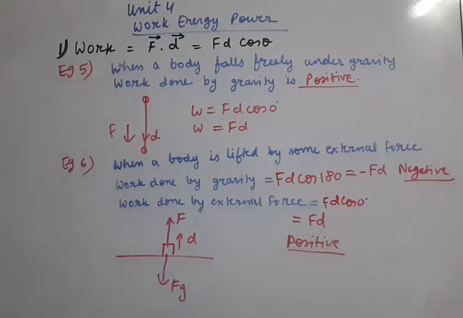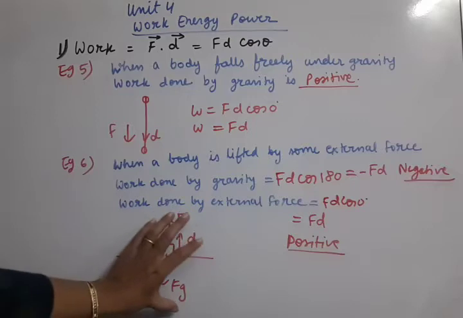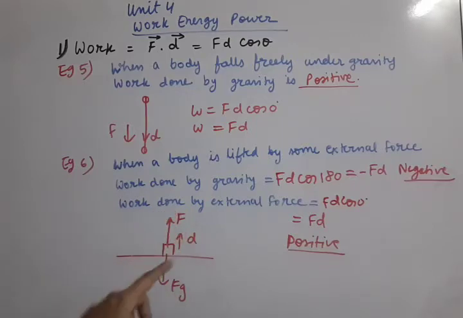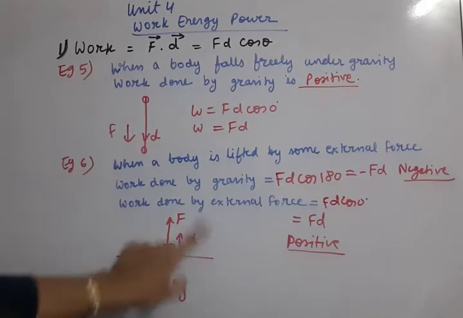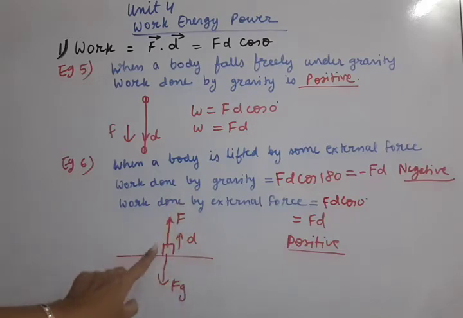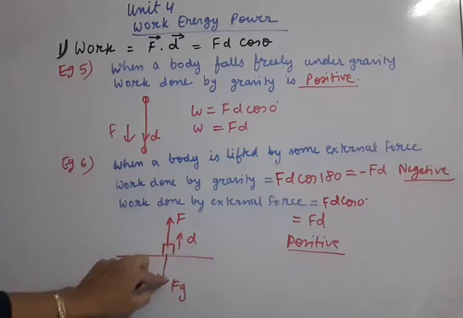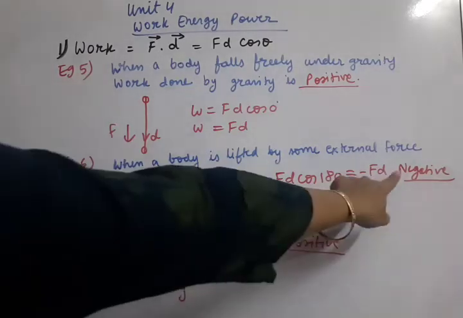That means you must have understood that in the same situation, we have to see by which force the work is asked. If work done by gravity is asked, gravity is downward, displacement is upward, so opposite direction means negative work will come.